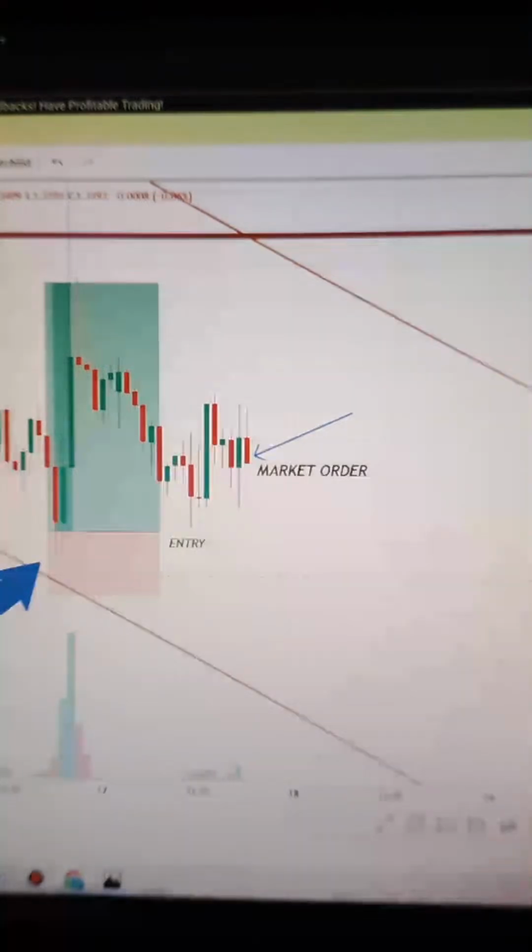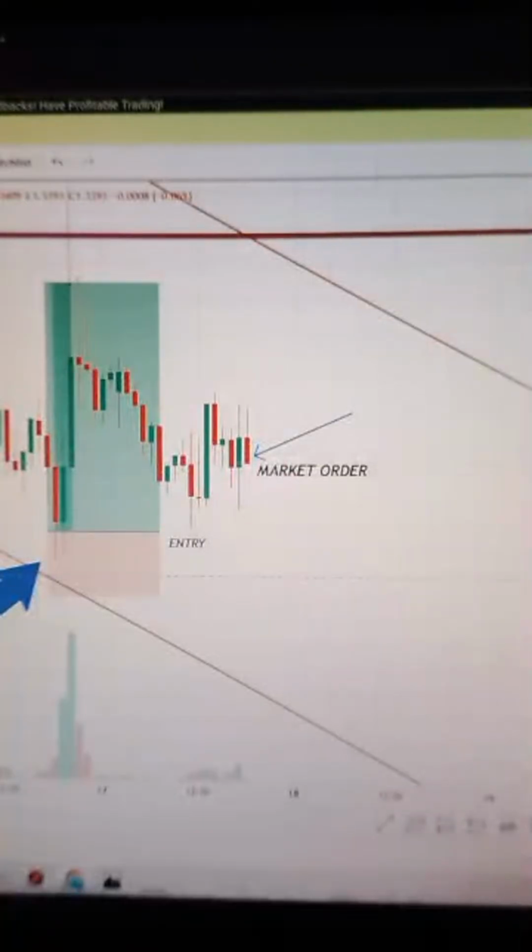Overall, you're just trading off the current price of the candle of that market. Whatever price is giving you at that time, that is what you're trading with. You're taking your buy or sell based on that current price. That is what we call a market order.